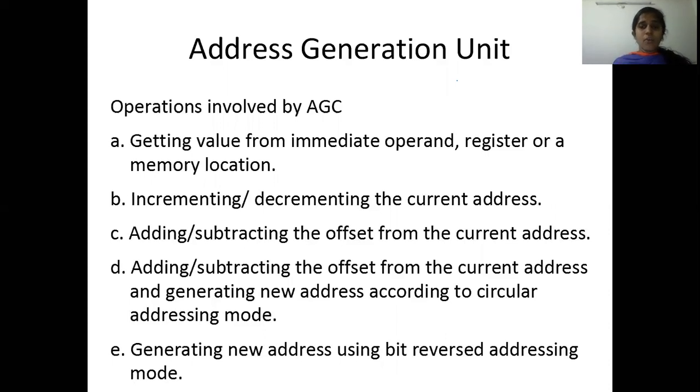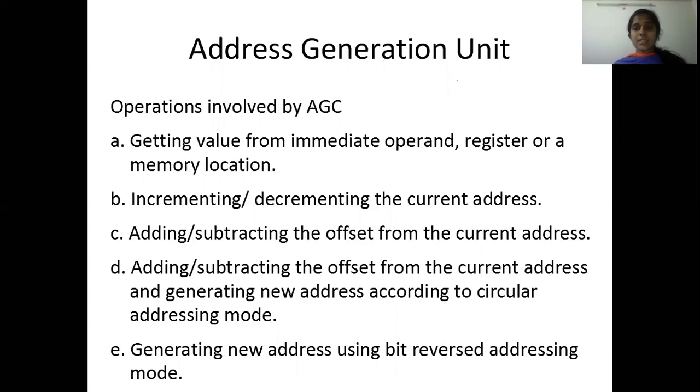We have already discussed these addressing modes. Circular addressing mode and bit reversed addressing mode are special addressing modes available. Circular addressing mode consists of a circular buffer, where all the signal sample values are stored in that buffer in a sequential way.